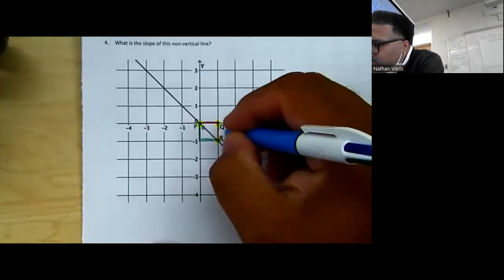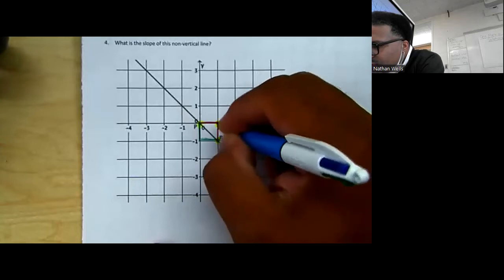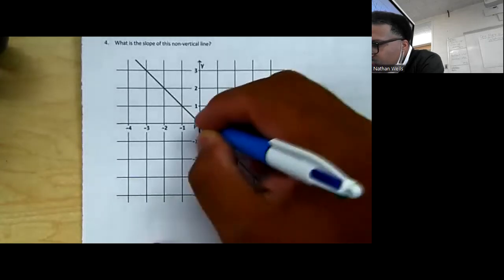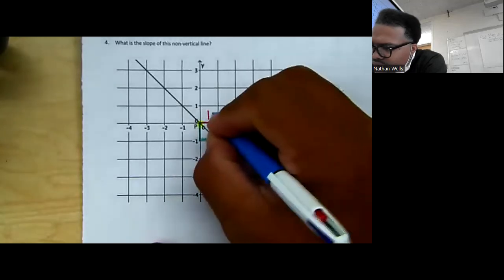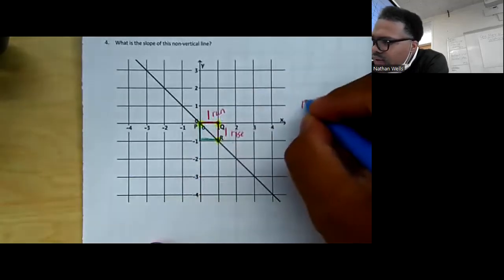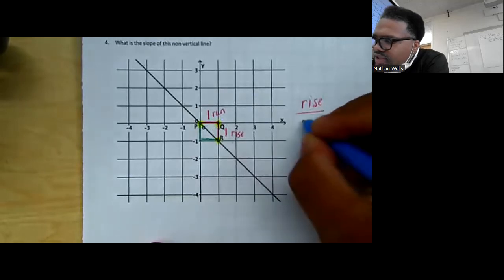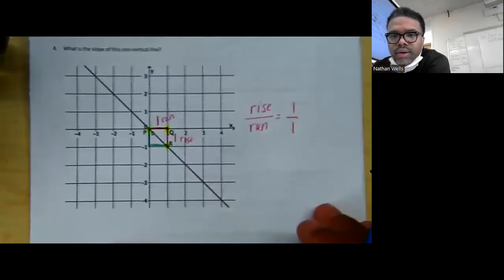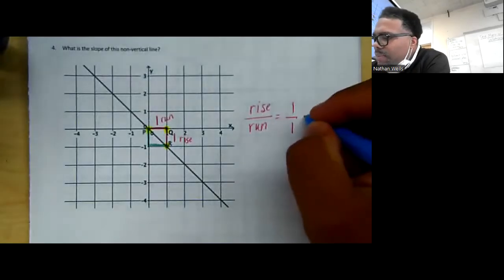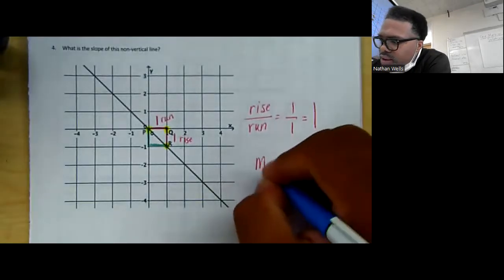And so remember, rise goes up and down and run goes left to right across. So this is my rise and this one is my run. My rise is 1 and my run is 1. And 1 divided by 1 is just 1.